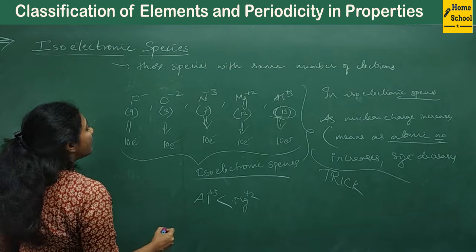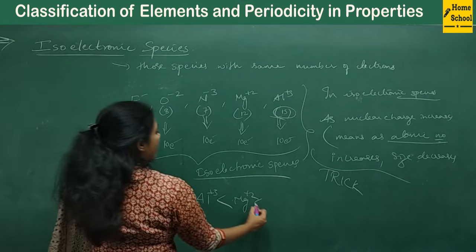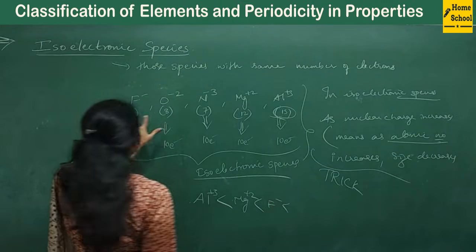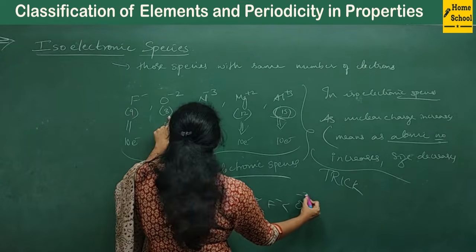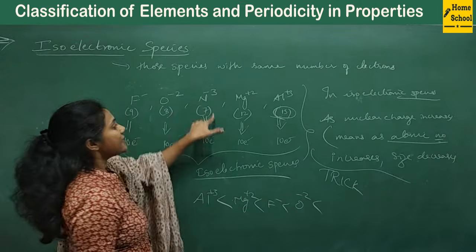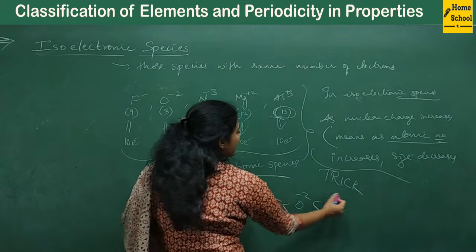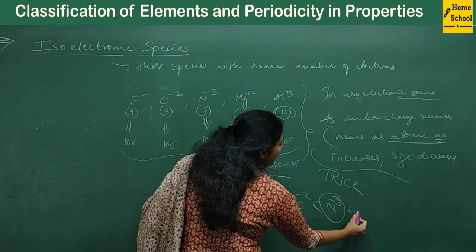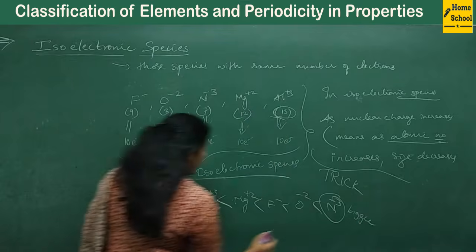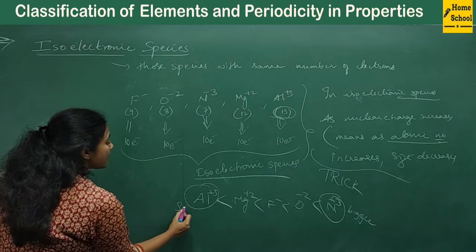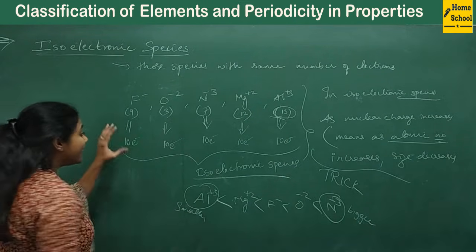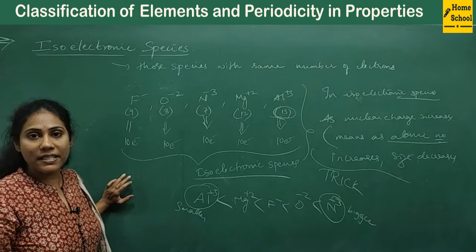Next smaller one is F minus. Next is O minus 2. Then the highest ionic size you will find for N minus 3. So N minus 3 is the bigger ion. Al plus 3 is the smallest ion in these isoelectronic species.